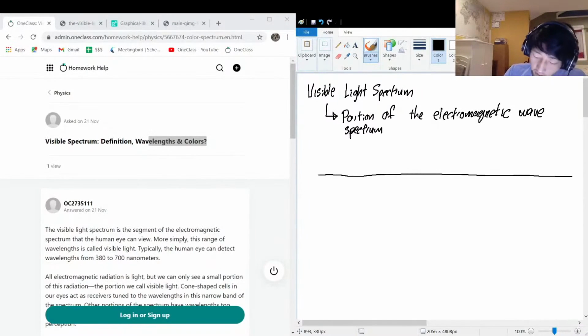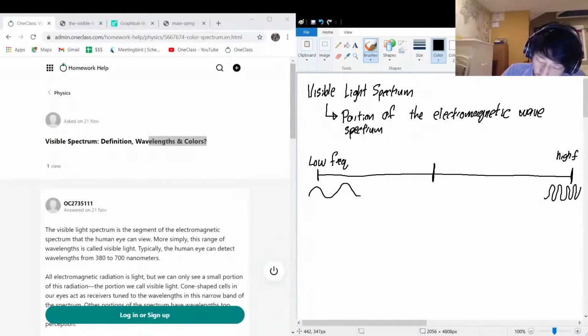So suppose we have the electromagnetic wave spectrum here. Here we have a low frequency, and here we have high frequency. So low frequency, we're going to look more like this, and high frequency, well, it's going to be a little bit more frequent.